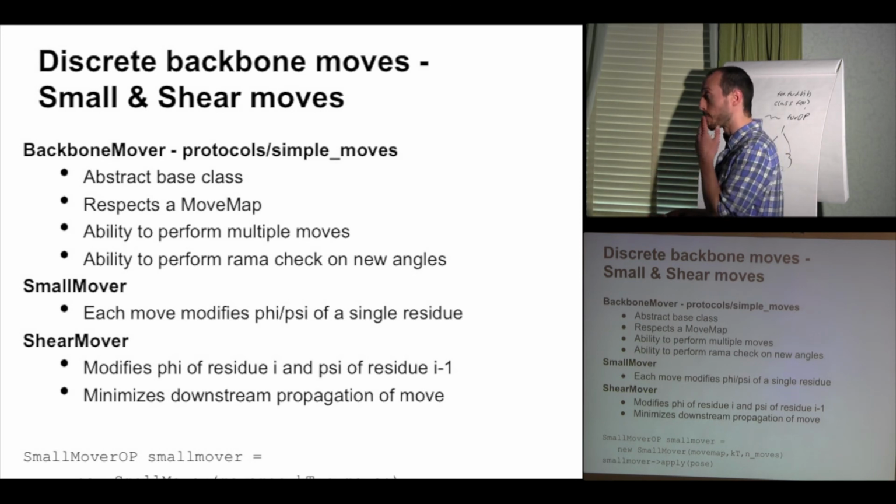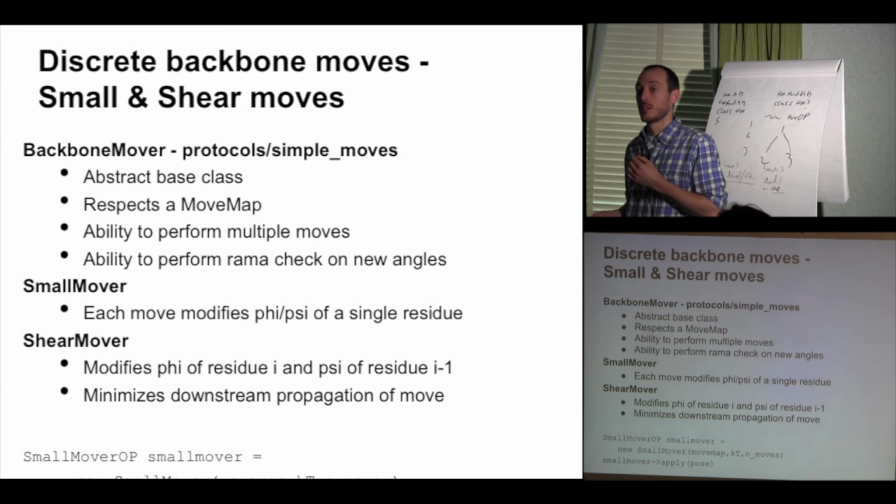Which backbone mover does Relax have? I'm not sure Relax does small and shear moves at all. Classic Relax does both. Fast Relax does not. So Classic Relax does small and shear.